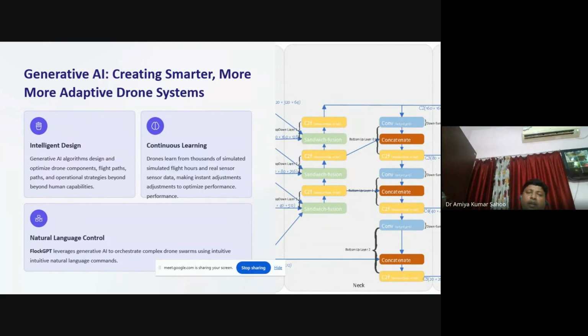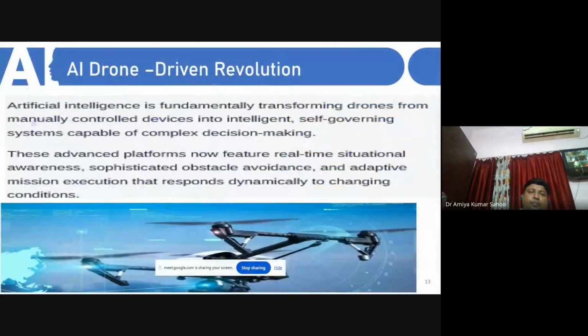In continuous learning, the drones learn from thousands of simulated flight hours and real sensor data, making instant adjustments to optimize performance. In natural language control, Flock GPT leverages generative AI to orchestrate complex drone swarms using intuitive natural language commands.